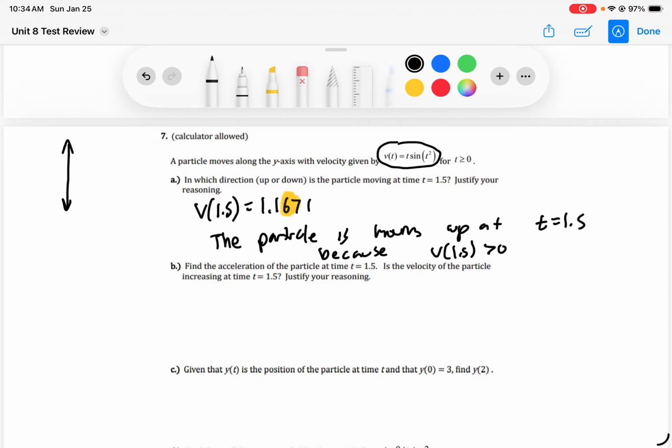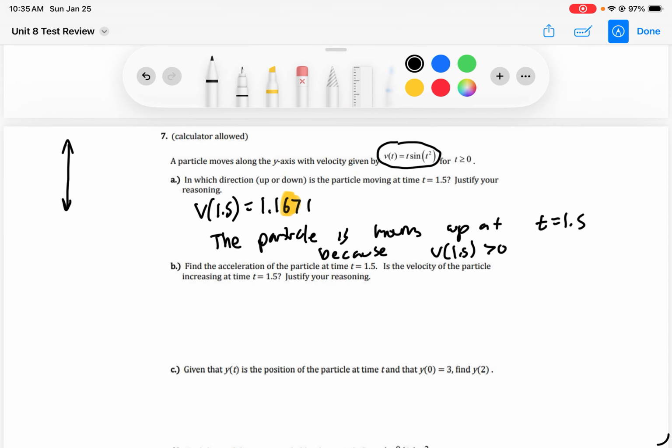So if its derivative, which is acceleration, is greater than 0, then it is increasing. If the acceleration at 1.5 is 0, it is not increasing, it's not decreasing. If the derivative, which is acceleration, is negative, then it is decreasing.